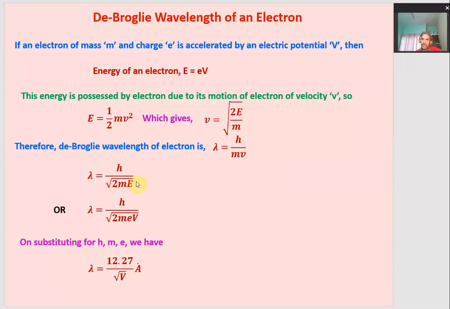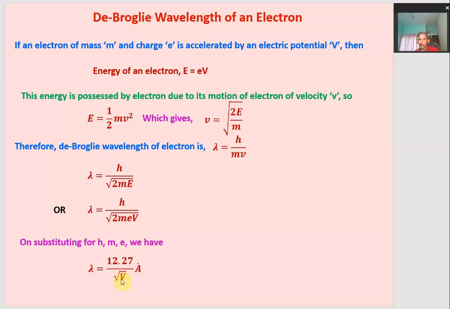We can also put the value of the energy possessed by an electron to be E into V. So this is another form of finding the wavelength of an electron. Here all terms, Planck's constant h, the mass of electron m, and charge on electron e, are constants. So on substituting the values, we can write the general expression for the wavelength associated with an electron to be 12.27 divided by root of V. This V is nothing but the accelerating potential.